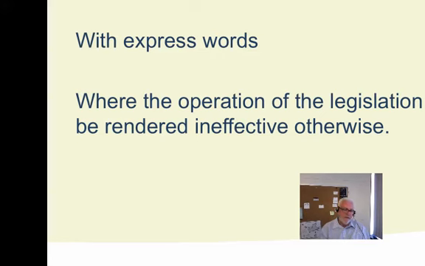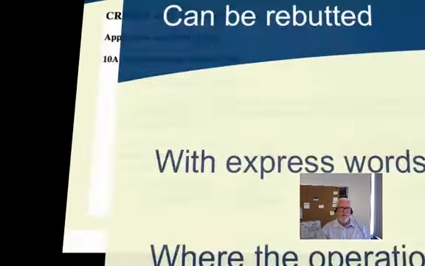But nevertheless, the presumption that legislation only applies within Australia and doesn't have extraterritorial effect can be rebutted by express words, particularly where the operation of the legislation would be rendered ineffective otherwise.